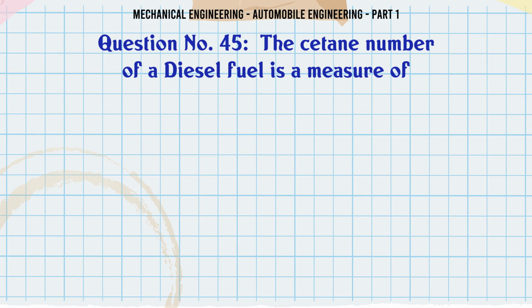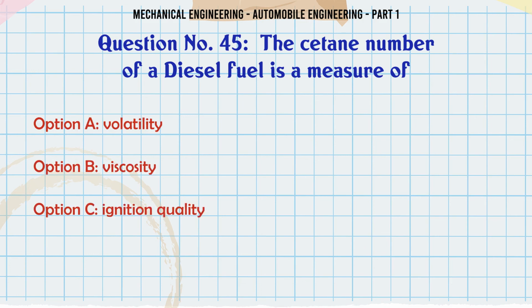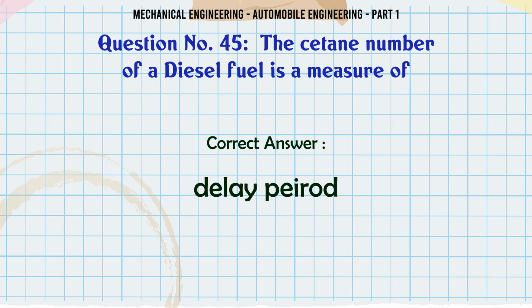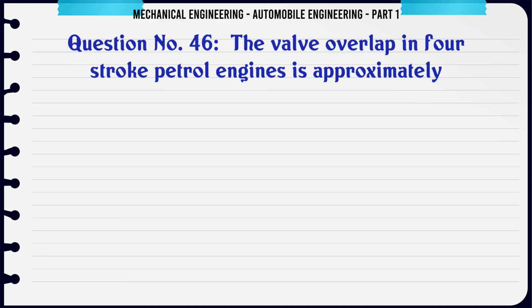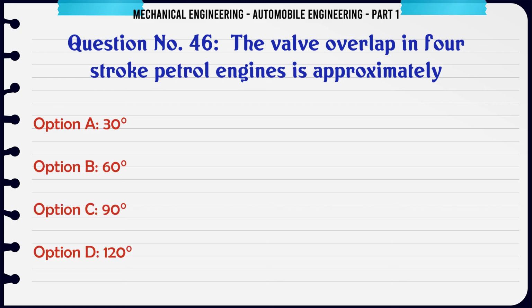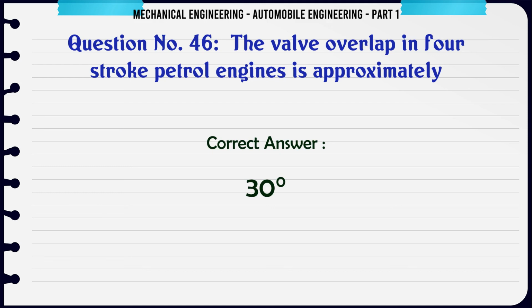The cetane number of a diesel fuel is a measure of: A. volatility, B. viscosity, C. ignition quality, D. delay period. The correct answer is delay period. The valve overlap in 4-stroke petrol engines is approximately: A. 30, B. 60, C. 90, D. 120. The correct answer is 30.